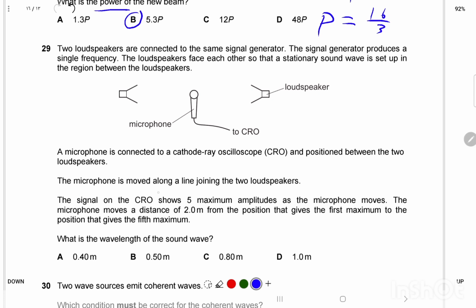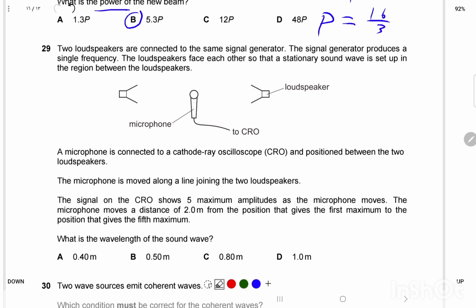The microphone is moved along the line joining the two loudspeakers. The signal on the CRO shows 5 maximum amplitudes. As the microphone moves a distance of 2 meters from the position that gives the first maximum to the position that gives the fifth maximum, what is the wavelength of sound wave?